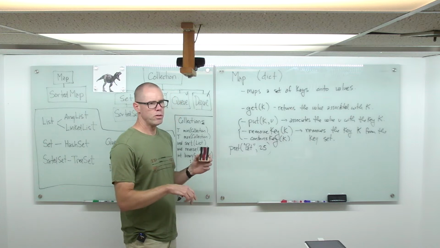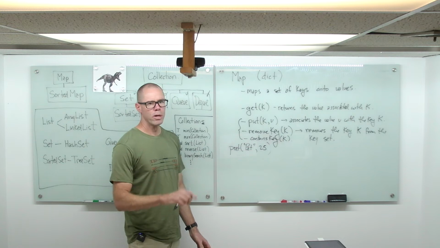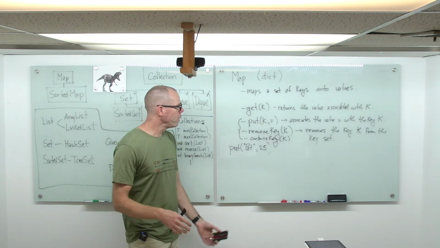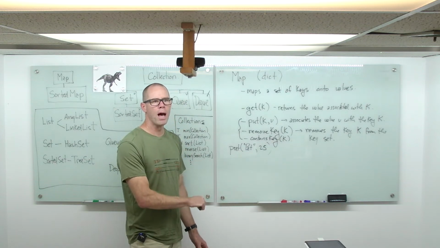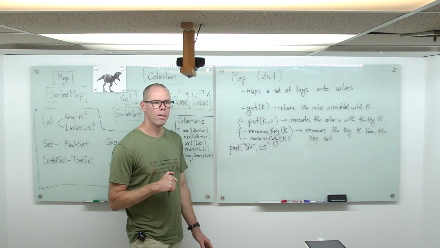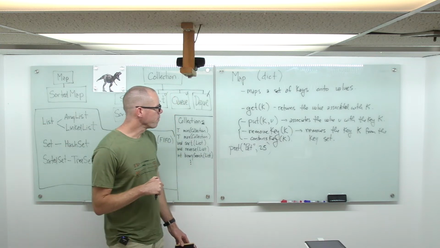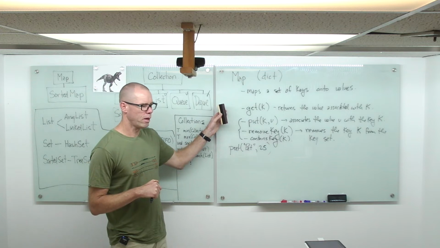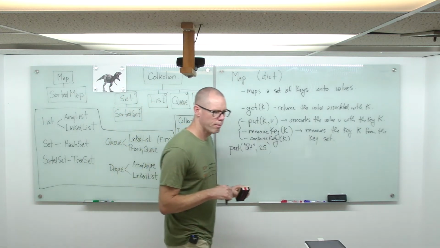Think of student numbers onto student records, or social insurance numbers onto tax forms, or any number of things, or the other way around, things like putting names back onto difficult to remember things like student numbers. So all of those things work there. This is an extremely important data structure used all the time.